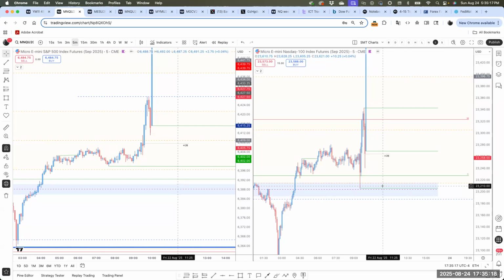That was my expectation. That was exactly what I was thinking. I was thinking that because we had done it here on NQ, that we should do it on ES as well. And it didn't do it. And that's why I missed this trade, because I was only looking at ES to say, hey, come down in here.